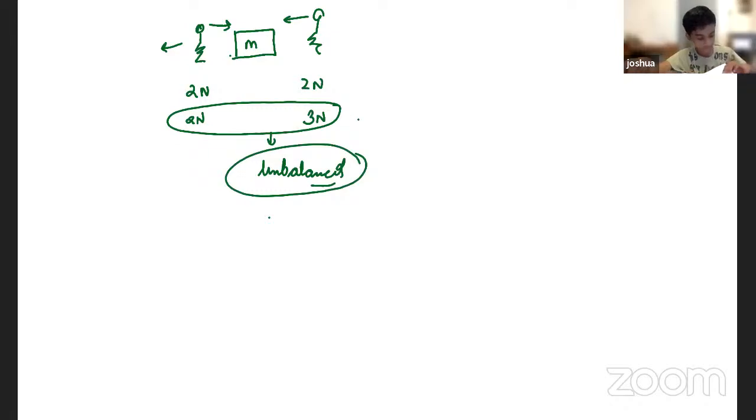Should I read the activity? Yeah, you can read. Place a brick on a table. Push the brick towards left with your hand. What do you observe? The brick begins to move to the left direction. Now push the brick towards the right with your left hand. In which direction does the brick move this time?